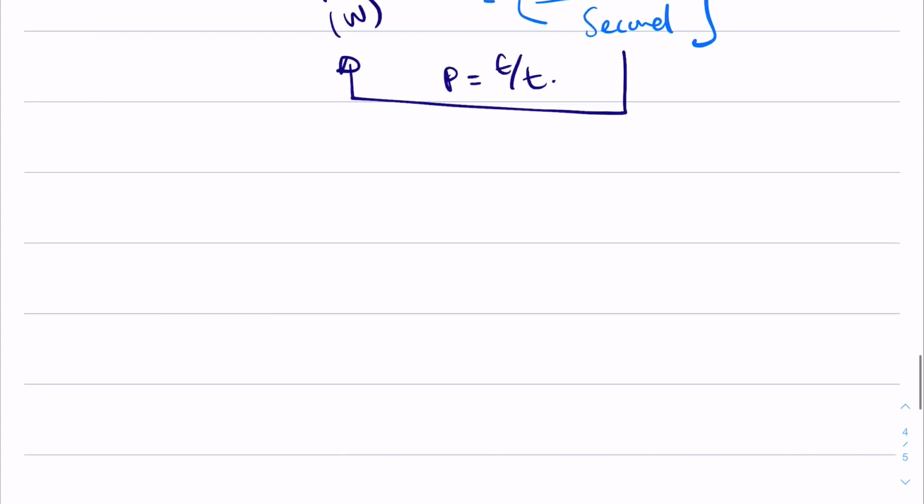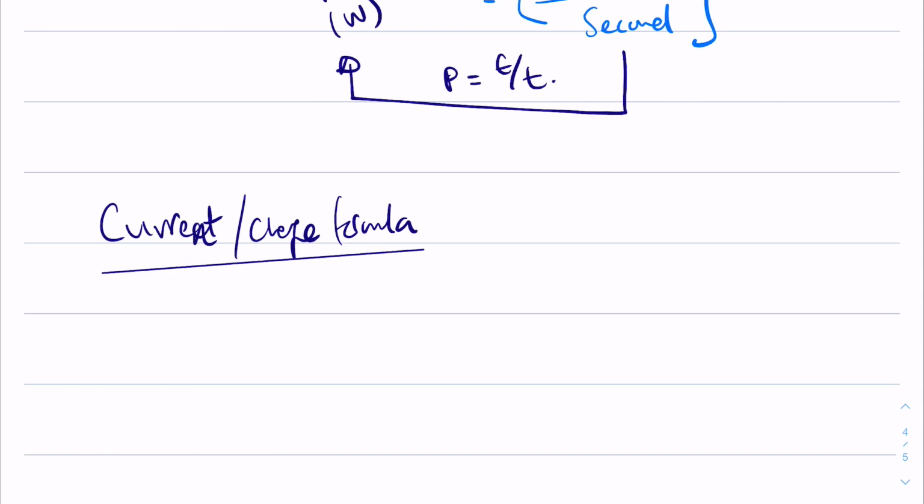Let's also look at the Q equals IT formula. What should we call it? We'll call it the current charge formula. It doesn't really have a fancy name. This just stems from the fact that current is our number of coulomb trucks per second.